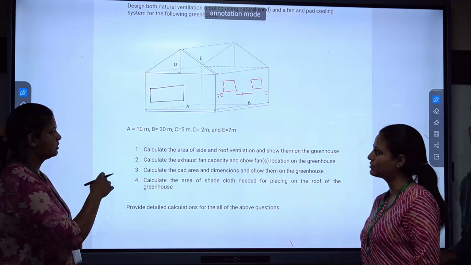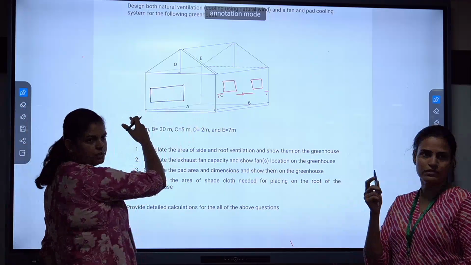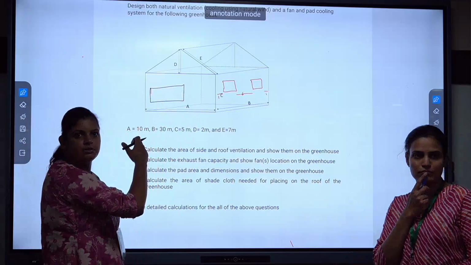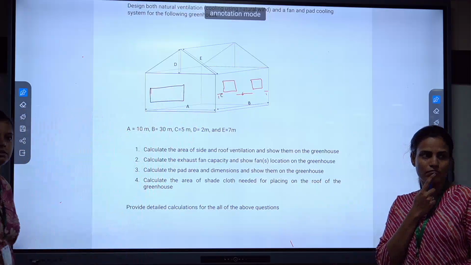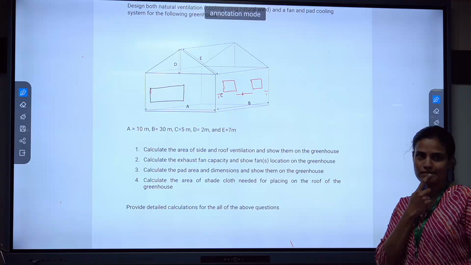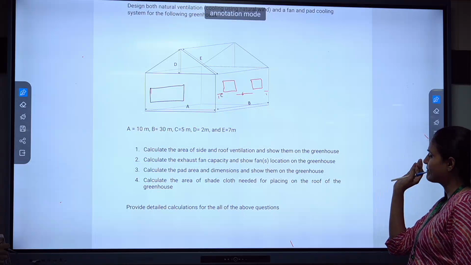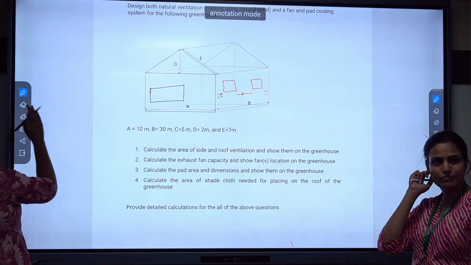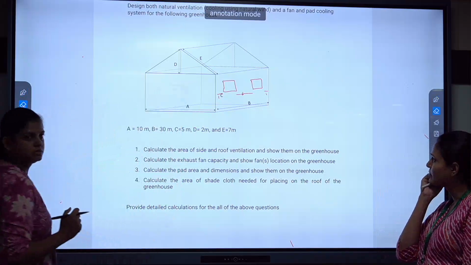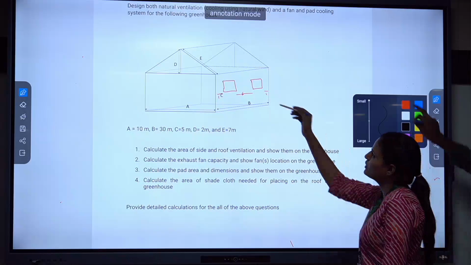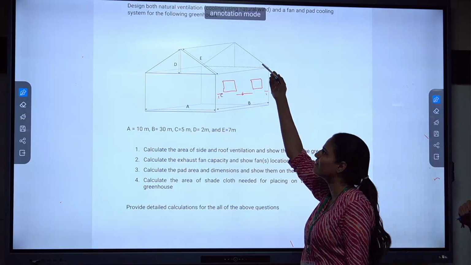Where are you putting the pad? What is the side? Sir, on the windward side. Their intention is that the fans are at the back. You see what I'm saying? They are not putting the fans on the side. That's where the fans are.